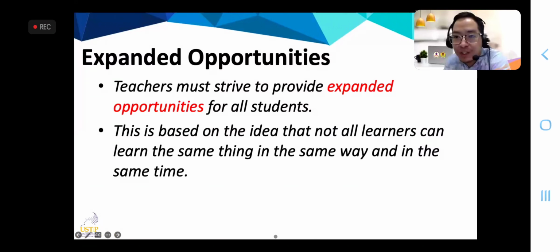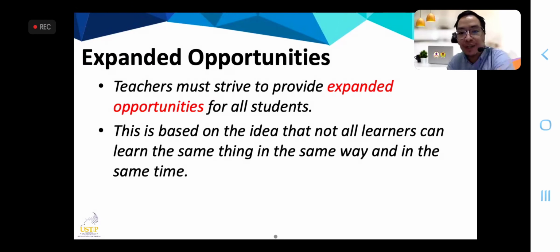Like the question of Dr. Paz earlier that there are students that have high IQ, some average, and some low IQ, sorry. So in an OBE, an OBDICE curriculum, they call it OBDICE, an OBDICE curriculum allows students to learn not at the same time, but they learn the same thing. A good OBDICE curriculum is where students do not learn at the same time, but they learn the same thing.